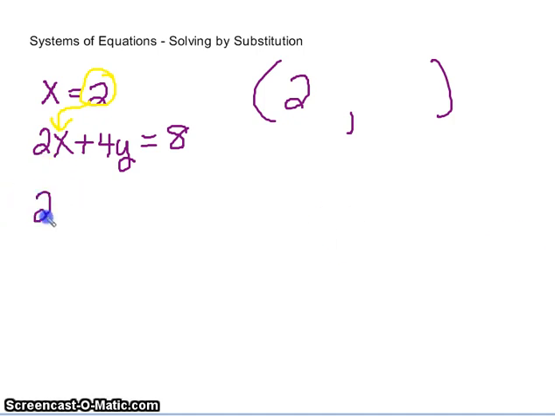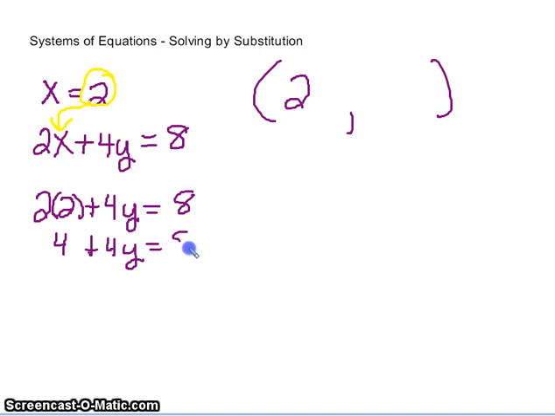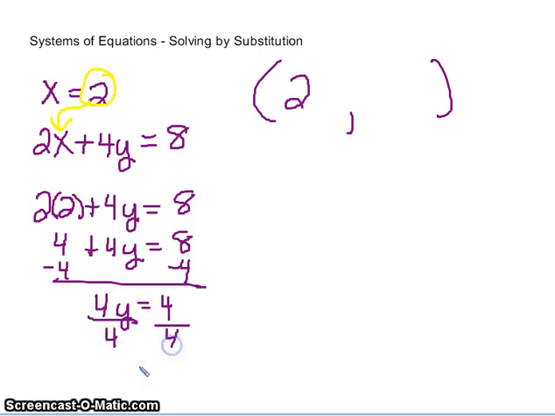So this gives us 2 times 2 plus 4y is equal to 8. This gives us 4 plus 4y is equal to 8. Subtract 4 from both sides, and we get 4y is equal to 4. Divide both sides by 4 and we get y equal to 1.